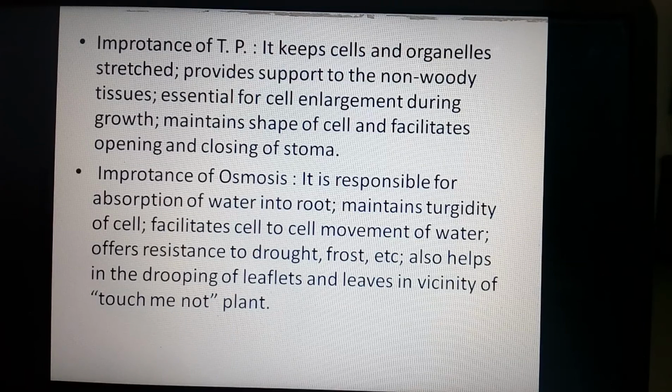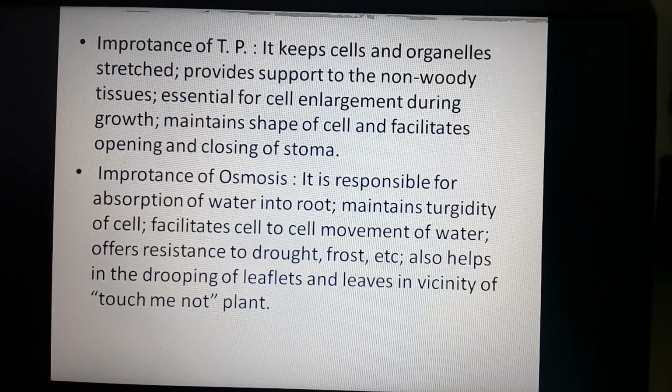It is also helpful for the movement of water from one cell to another cell, as well as it helps to offer resistance during the condition of a drought as well as during the frozen condition. It is also helpful in the dropping of leaflets and leaves in the touch me not plant. You can take an example.